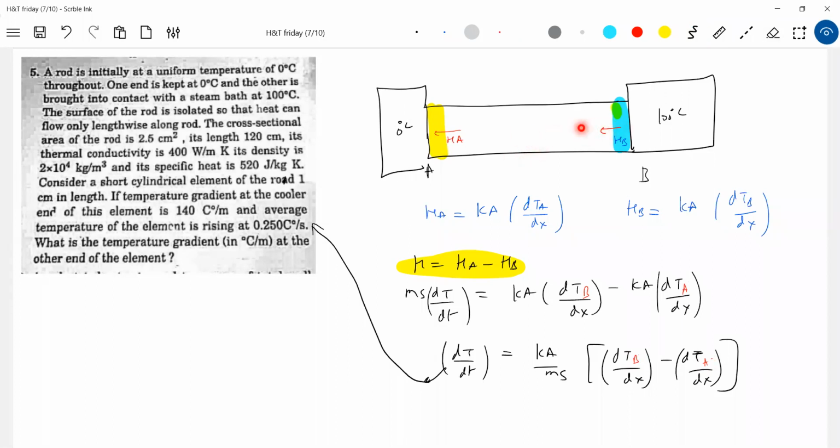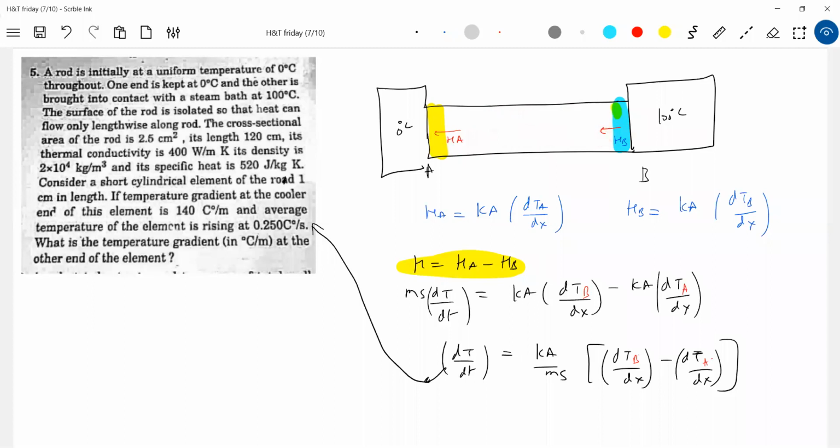As the heat flows and the different elements start absorbing heat, then once it is lagged, no further absorption will occur, only transfer of heat. When only transfer of heat occurs, what will happen to the temperature gradient, dT by dx? When H is constant and K is constant, the temperature gradient will become uniform.